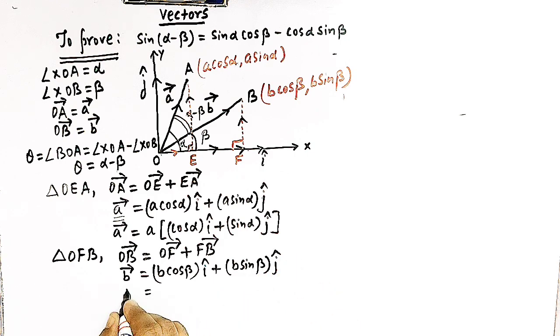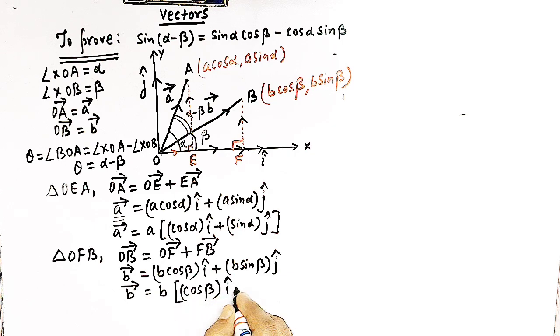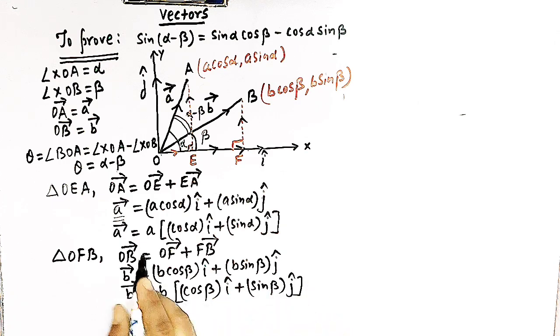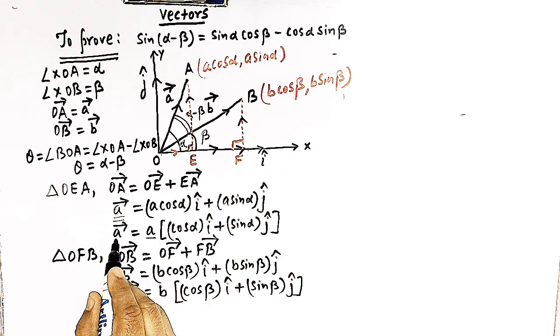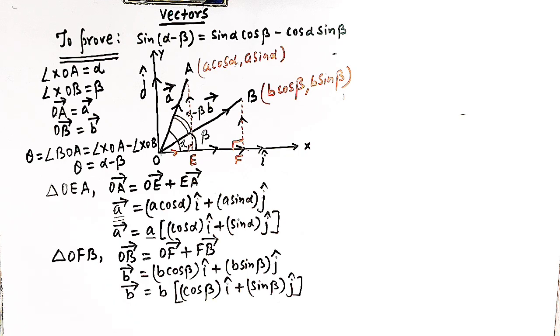So now we can write vector B, taking B common, as cosine beta I cap plus sine beta j cap. And remember, A represents the magnitude of vector A, and B represents the magnitude of vector B.